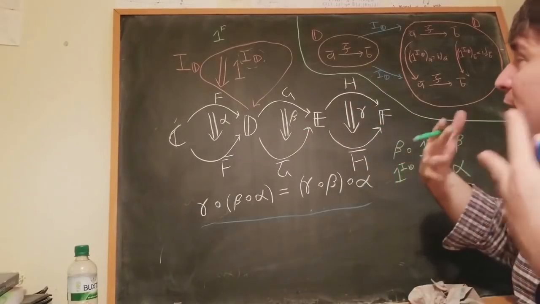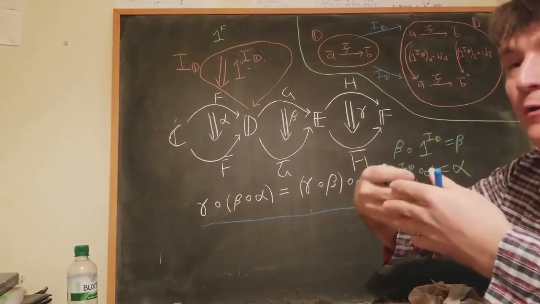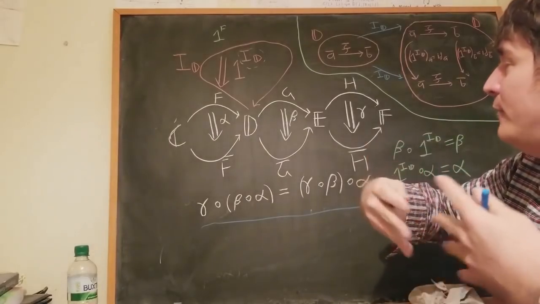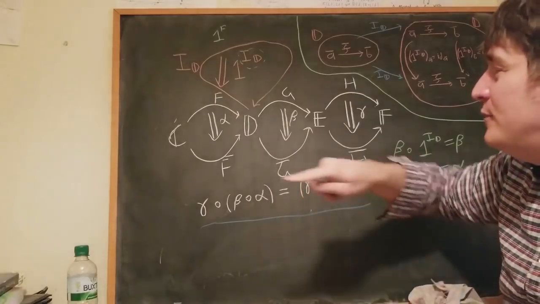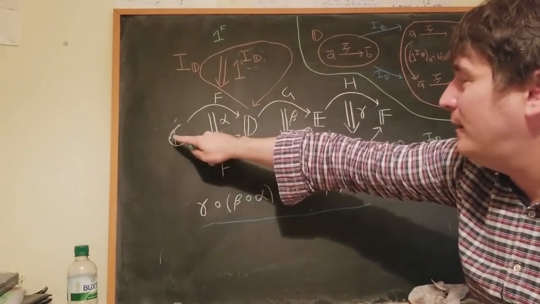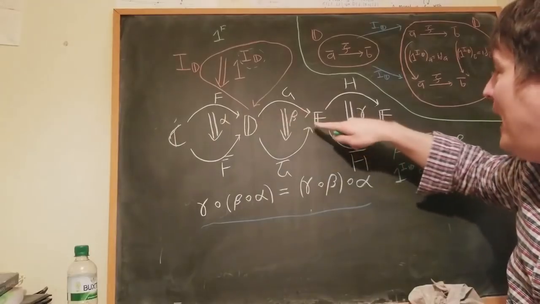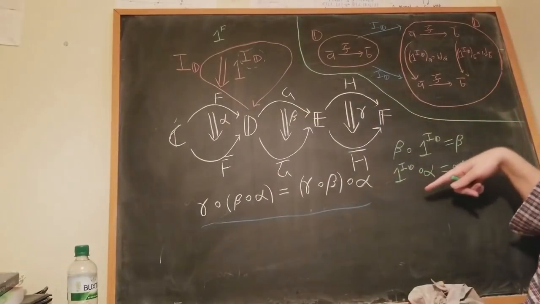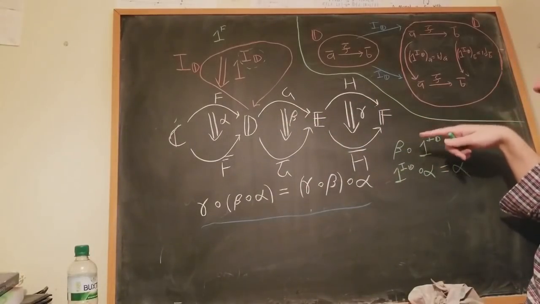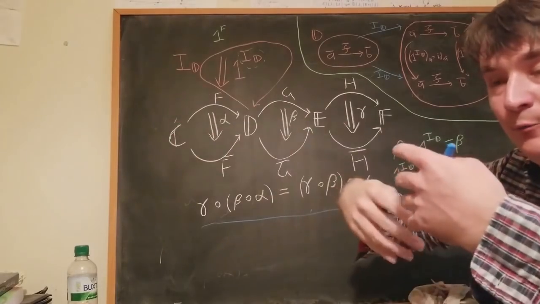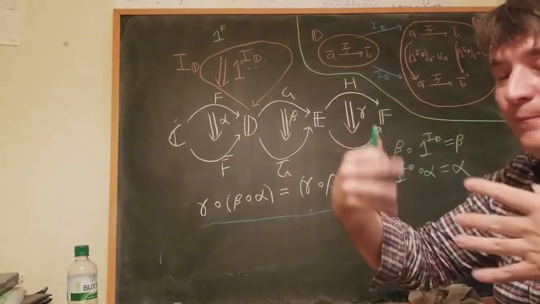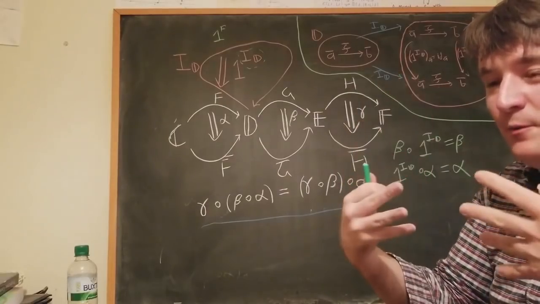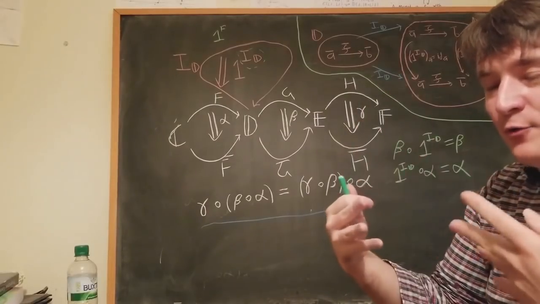But essentially, these are what we need to know that there's yet another category here, a category which has categories as objects and these natural transformations between categories as arrows, but this time we do this horizontal composition.